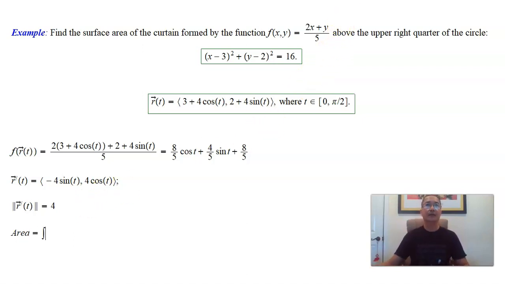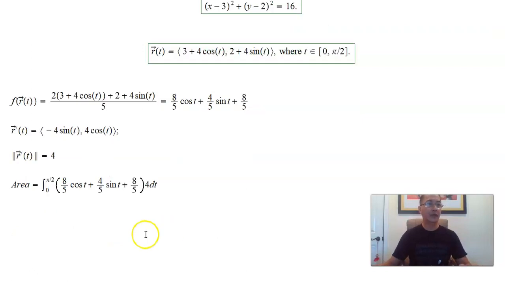Okay, so we are now ready to find the area of our curtain. So we have integral from 0 to pi over 2 of our function, which is this, and our 4, don't forget the 4 dt. A lot of times you work for something, and then you forgot to include it. You just wasted 5 minutes of your time. Okay, so we can take our 4 outside.